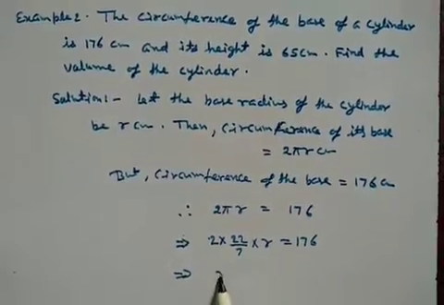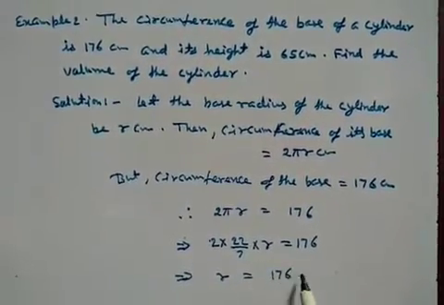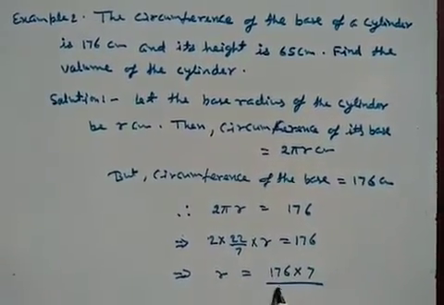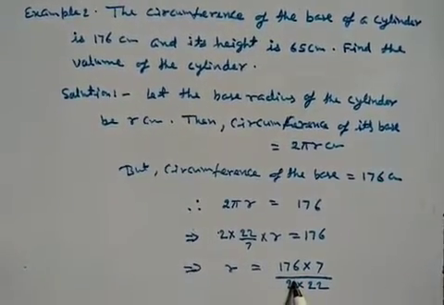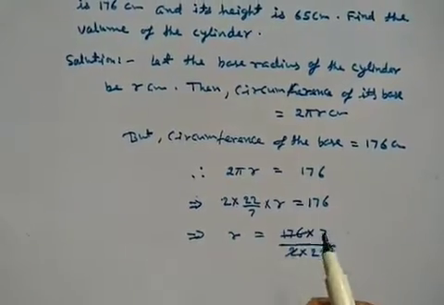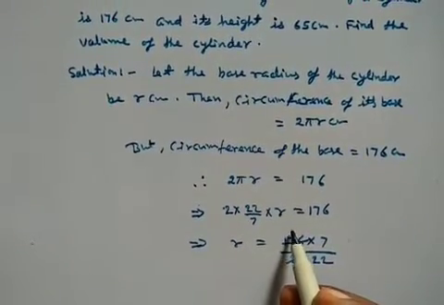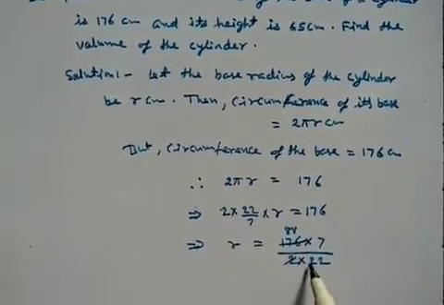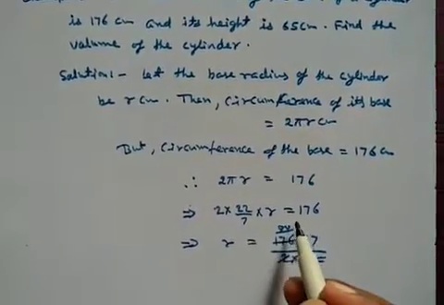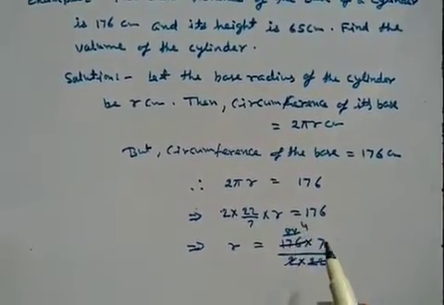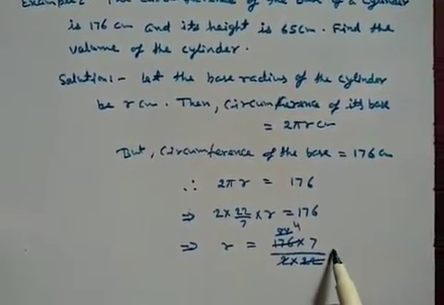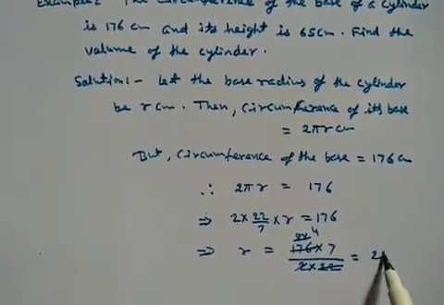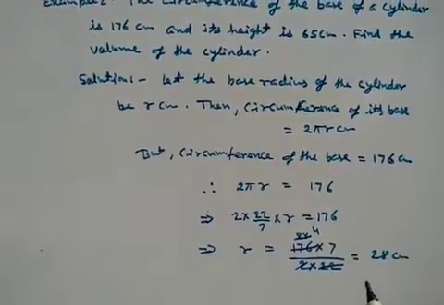So r is equal to 176 into 7 by 2 into 22. 2 into 176 is 88 times cancel, and 22 4 times cancelled, 88 equal to 28 centimeter.